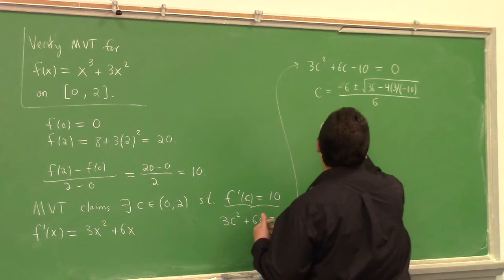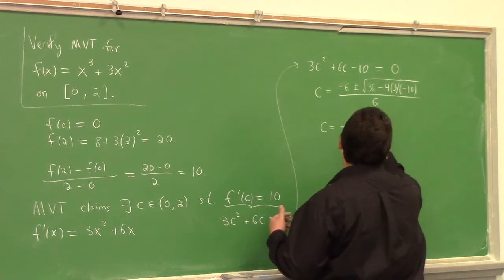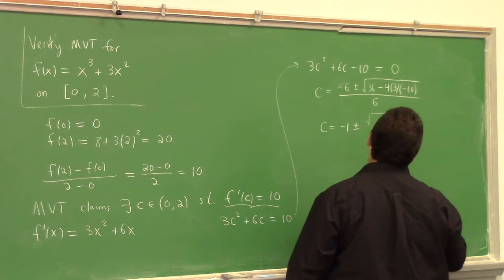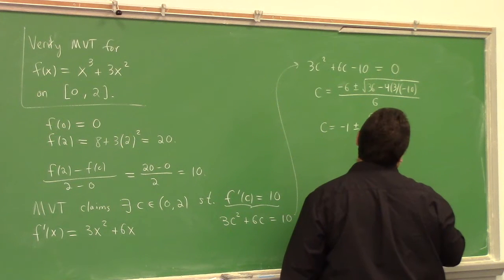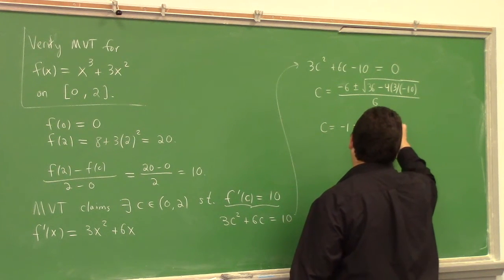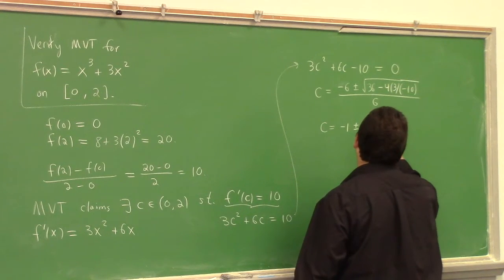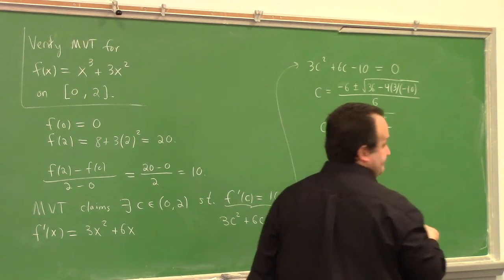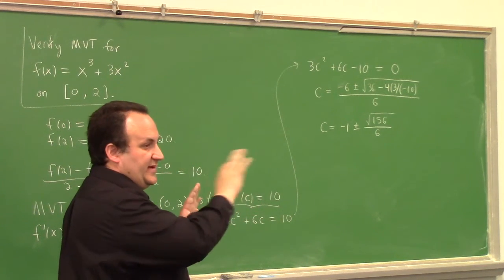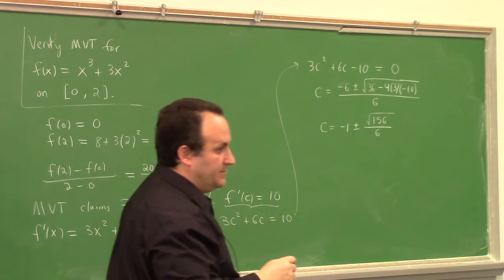So c is minus 1 plus or minus the square root of... Well, the 6 goes over here. That 6 in the denominator has to divide both terms in the sum.